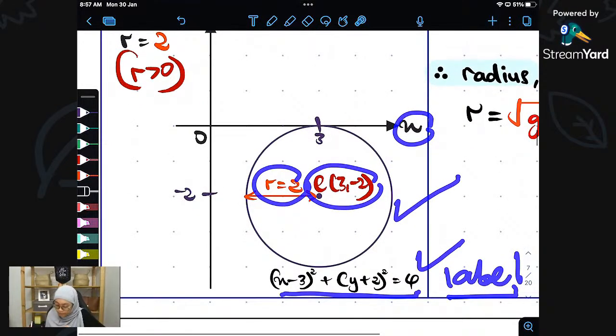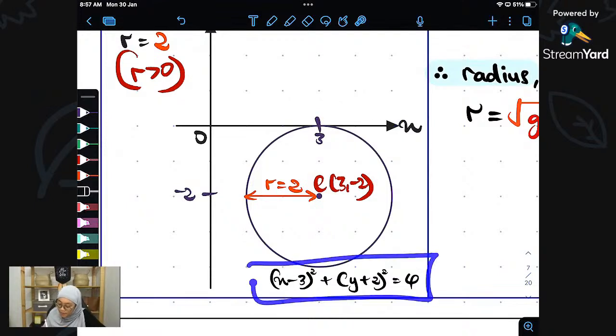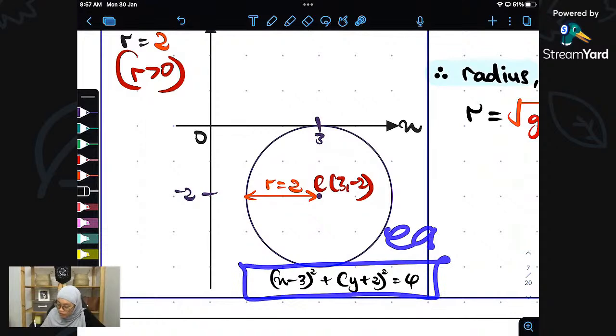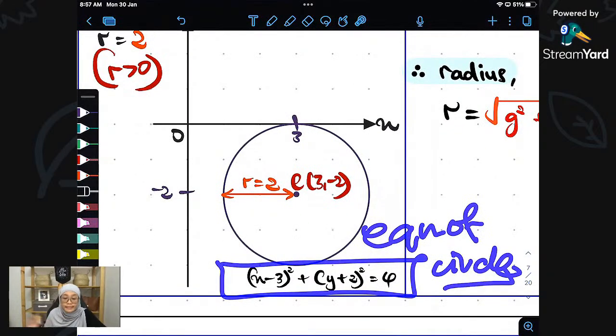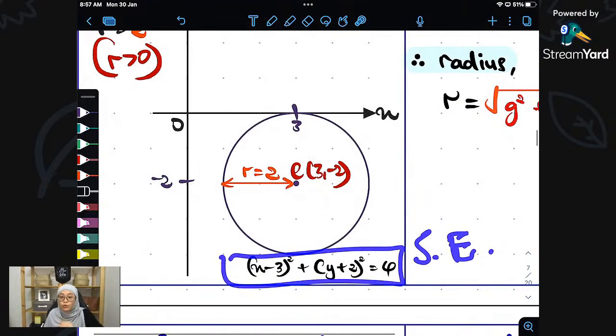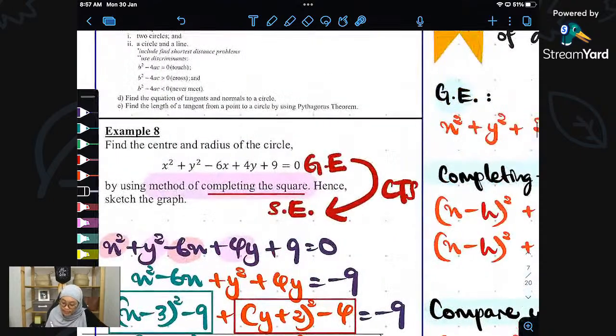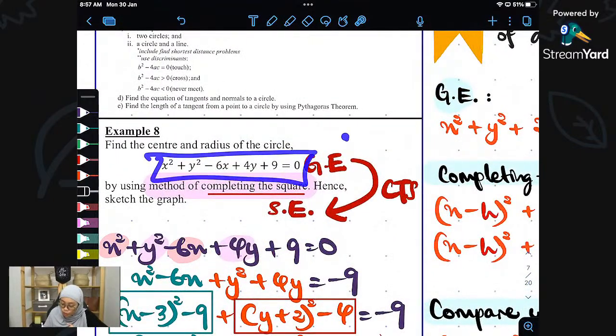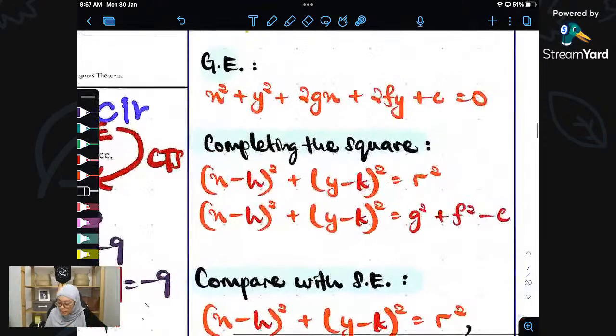Okay? So please bear in mind, please memorise all the formulas for equation of circles. This is very new to you guys because you haven't seen this equation of circle. I bet this is your first time seeing it. This is the standard equation for a circle, whereas this one is the general equation for a circle. There are 2 types.